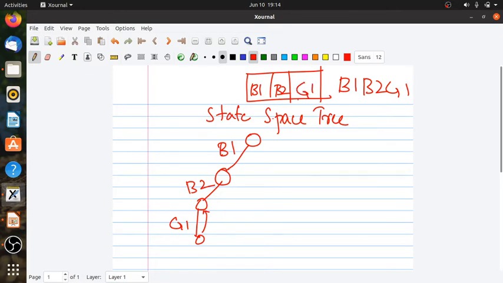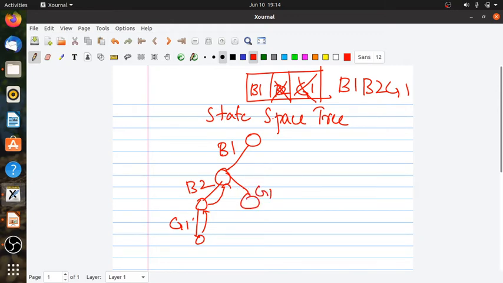After adding G1, we come to this place, and then again we backtrack, so we have to remove these two places, then we add the next. Only B1 is there, B2 G1, this combination is finished. Then we are adding G1.